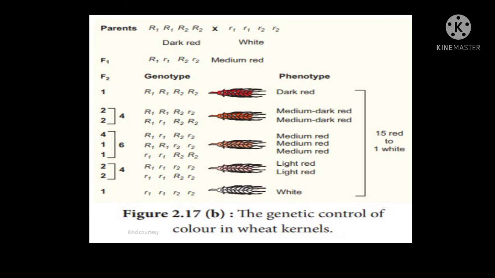The 4 individuals with the genotypes capital R1 small r1 small r2 small r2 and small r1 small r1 capital R2 small r2 produce light red. And the one individual, small r1 small r1 small r2 small r2, lacks the dominant capital R genes and produces the white color. The ratio is 15 to 1.